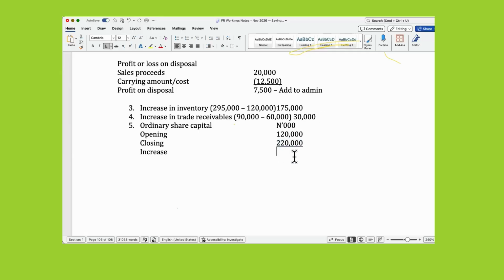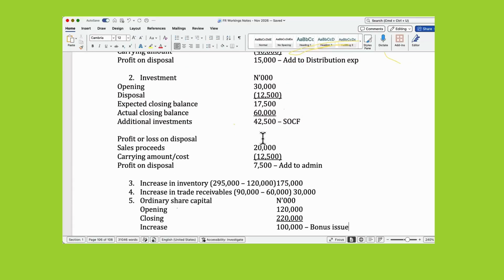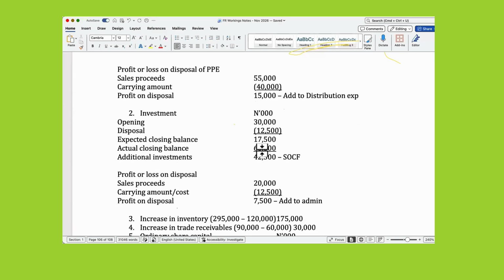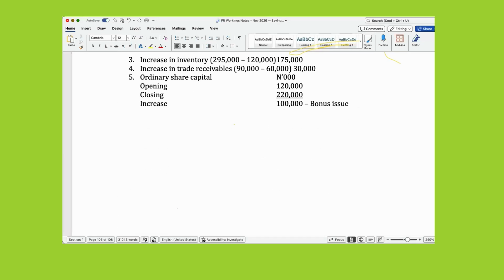This 100,000, I would just say, okay, this is issue of shares, but they told me that they also issued bonus. A bonus issue is a scrip issue, and it reflects movement. It's like a capitalization of reserves. You usually take it mostly from your retained earnings and move it to share capital. So this is what's happening there.